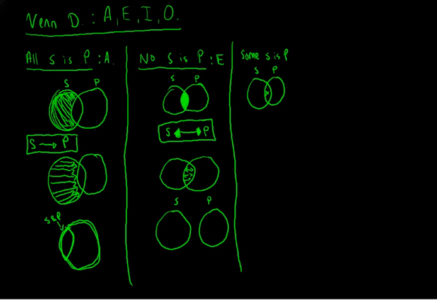Well, I just think about one thing in the middle of the S and the P's, and that's it. There's no real arrows because you're not really doing anything. You're just talking about one X, right? And that's just in the middle of both categories. So that's how you diagram it.